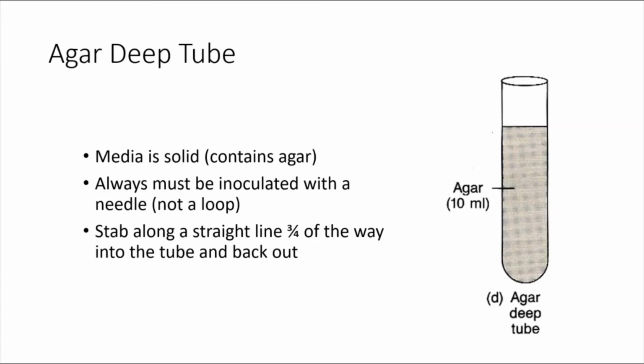The goal of the deep tube is to see where bacteria grow and the pattern of their growth along a straight line stab that penetrates into the media using the needle. So deep tubes are never inoculated using a loop. Instead, you stab inoculate them by driving the needle along a straight line about 3/4 of the way to the bottom of the tube and then back out.